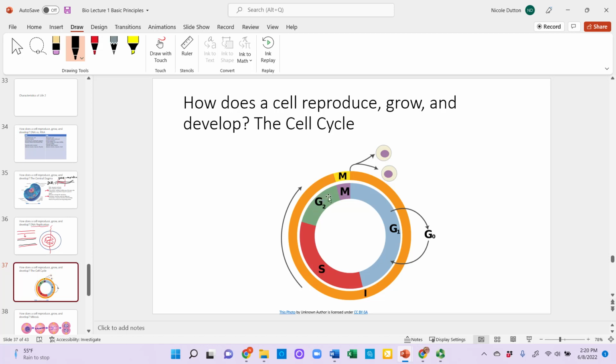Then we have G2. G2 is a second growth phase that prepares the cell for cell division. All of those, so G1, S, and G2, are all part of the cell cycle phase called interphase.